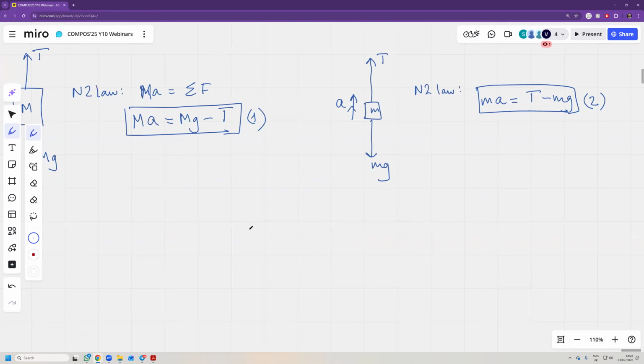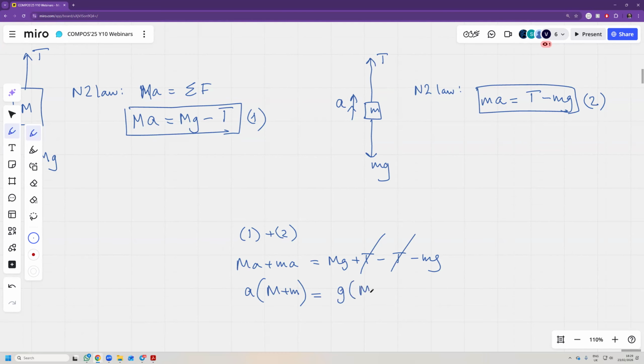So we add the first equation plus the second equation. We get Ma plus ma equals Mg plus T minus mg. T cancels, and we get a(M plus m) equals g(M minus m). So acceleration is (M minus m) divided by (M plus m) times g.